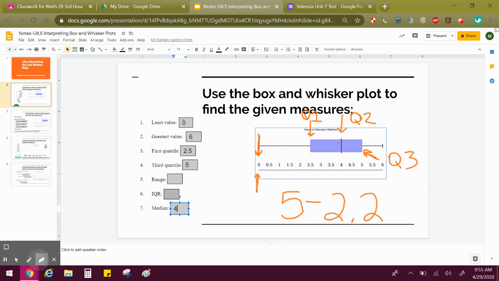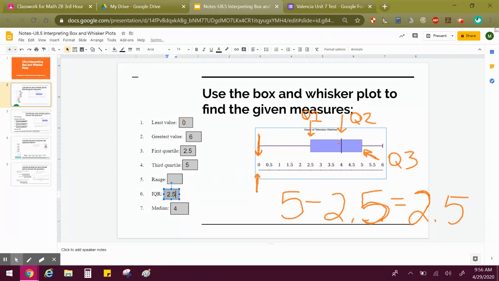And when I do that subtraction, I get that it's 2.5. That's the interquartile range. So my IQR is 2.5.